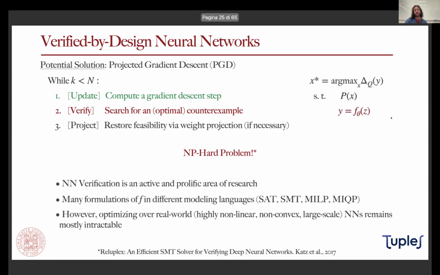But although the verification community is very active and prolific, and has produced a lot of research to address this problem, and although we have many different formulations of a neural network in different modeling languages, the truth is that, at the end of the day, optimizing over a real-world neural network remains mostly intractable. This is because real-world neural networks are highly nonlinear, highly non-convex, and very large scale.